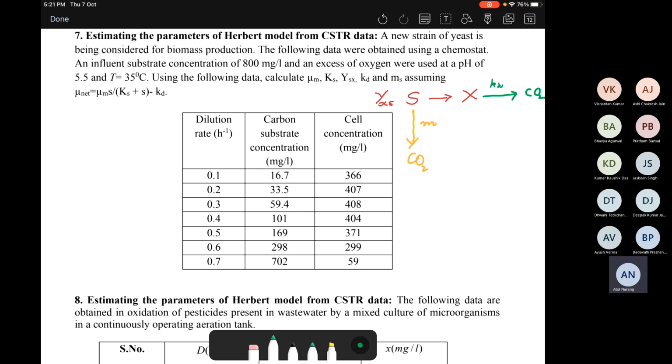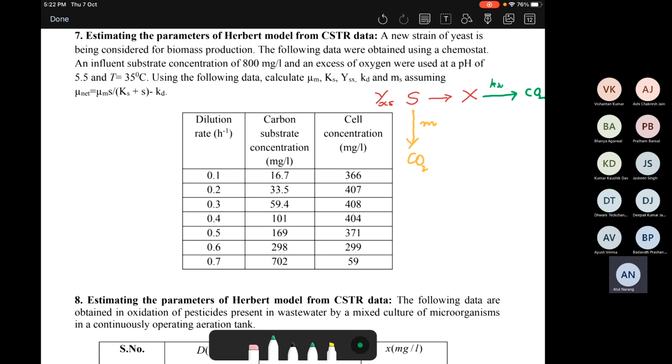Part of the substrate may not be used for effective growth. In the case of the Herbert model, it is a little bit tricky because it says that you make biomass, but some part of the biomass, due to endogenous metabolism, is lost to energy. If you want to be more physiological about it, you have internal proteins, internal amino acids, internal RNA that is broken down to produce energy.